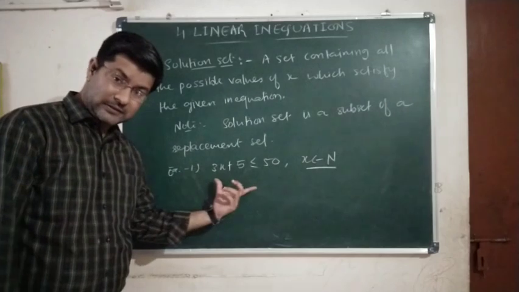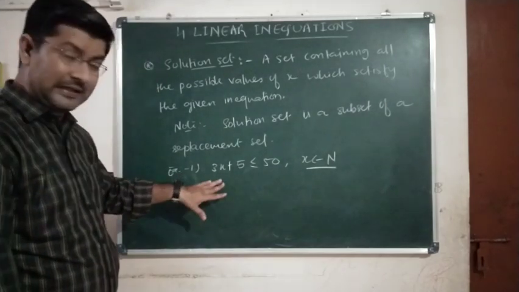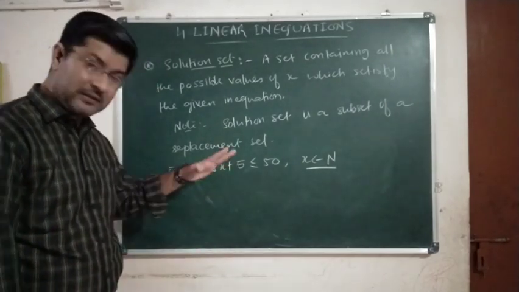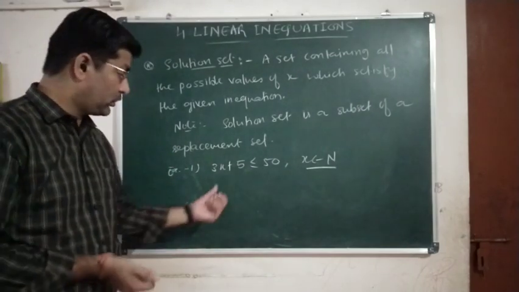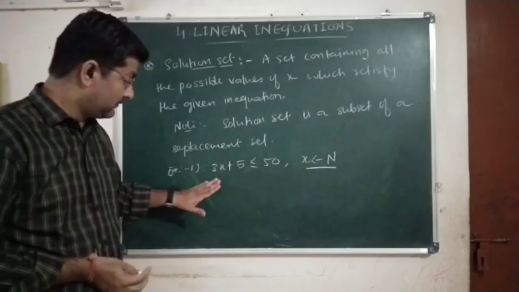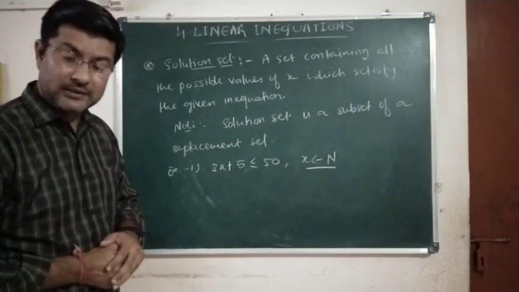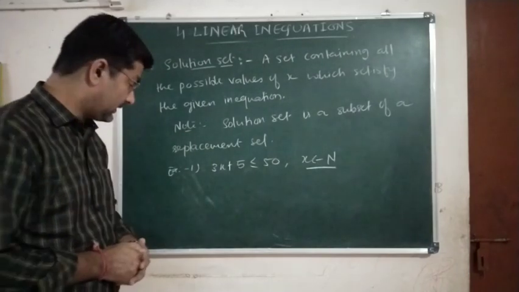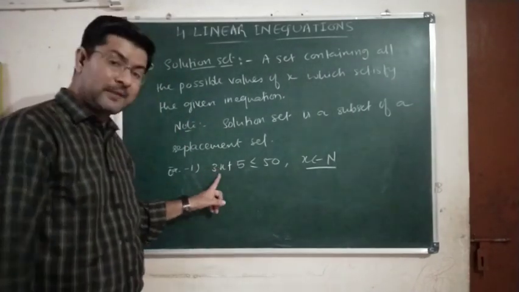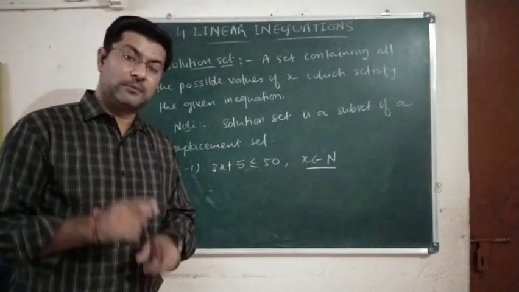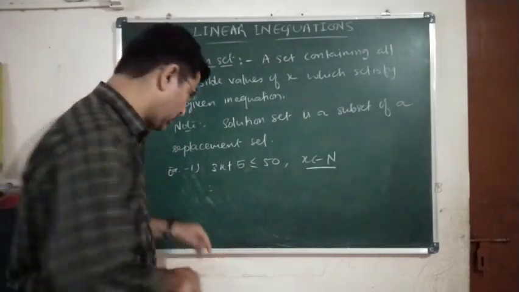So now let us simplify this inequation to find the value of x. Solving, whether it is an equation or inequation, is to find the value of the unknown variable included in it. Here we have to find the value of x, and a set containing all the possible values of x will be our solution set.